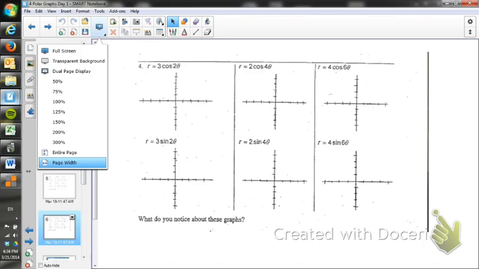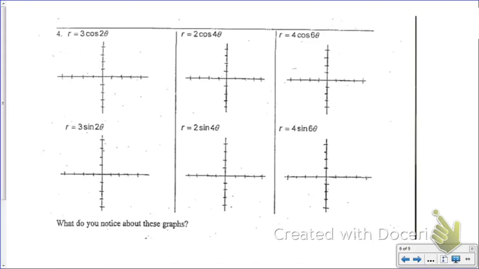So what's happening with these is the 3 is still the length. The only difference is when that number is even like this, there's actually twice as many as you'd expect.